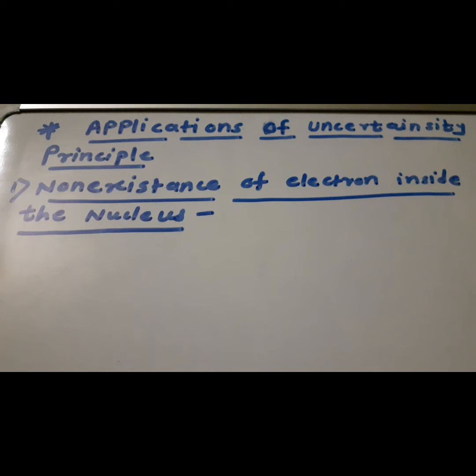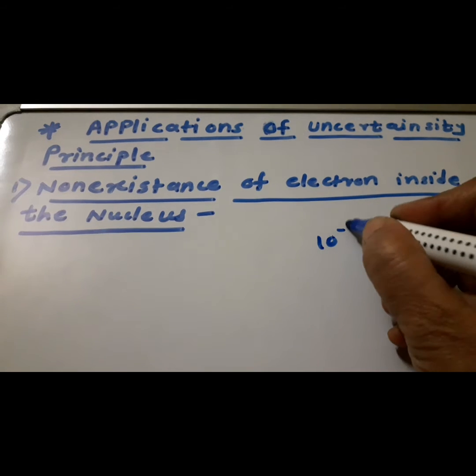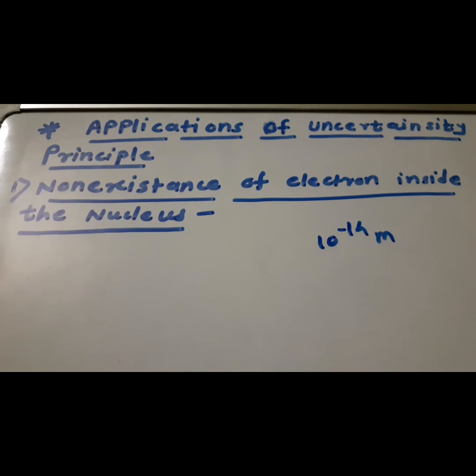We know that the nucleus has a very small size, we can't see the nucleus, isn't it? So the radius of the atomic nucleus is of the order of 10 to the power minus 14 meter. How much? 10 to the power minus 14 meter.